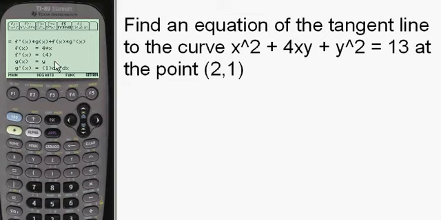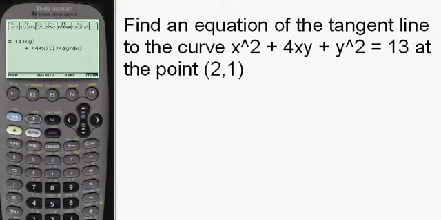Here's the formula for the product rule: f prime of x times g of x plus f of x times g prime of x. The derivative of 4x is 4, g of x is y, and with respect to x it's 1 dy/dx.